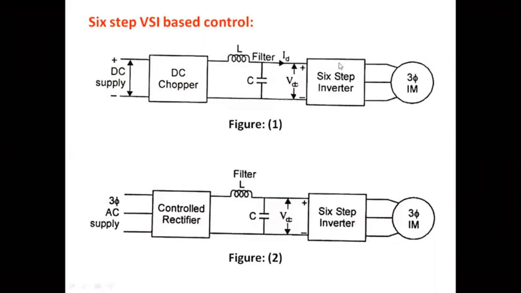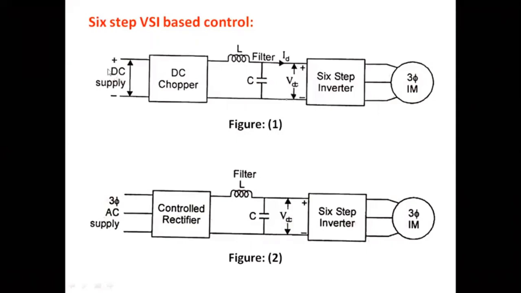As we discussed, the 6-step inverter is not capable of adjusting the voltage. It cannot control the voltage, only the frequency. Then how can I control the voltage? At the input of the inverter itself we provide a controlled voltage. Once the input is a controlled voltage, obviously the output is also controlled.